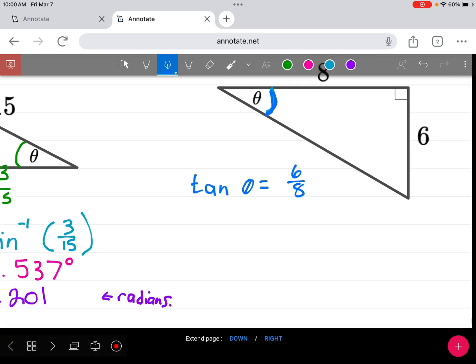So to find our value of theta, we're going to do the inverse tangent, or the arctangent. I'm going to put it in that way this time. It's the same thing, and some calculators will write it as arctangent, some calculators will write it as the tangent minus 1. If you have a different one than the yellow calculators and you cannot find them, let me know. I can help you find it. But what do we get as our degree for theta, and what do we get as our radian for theta?